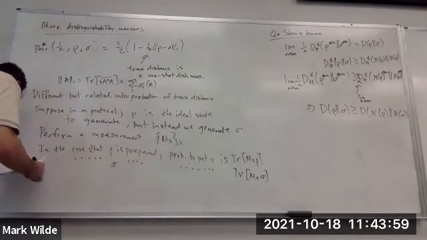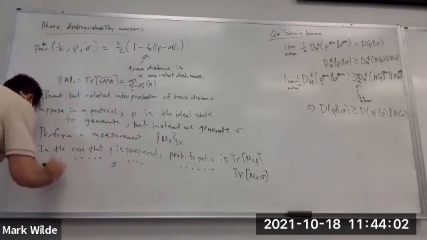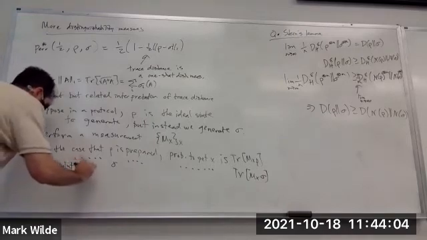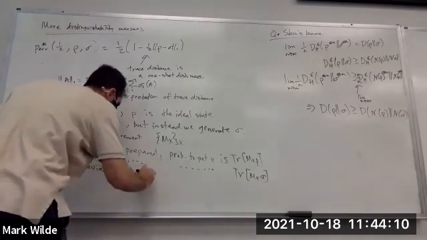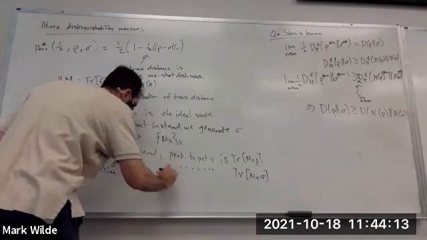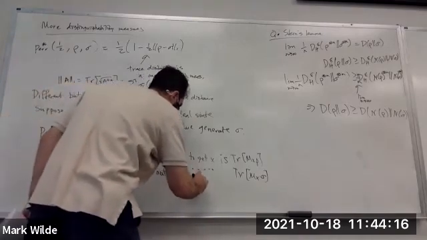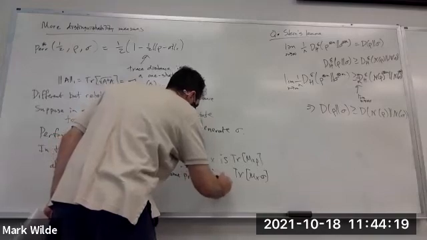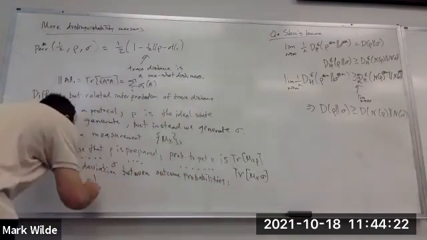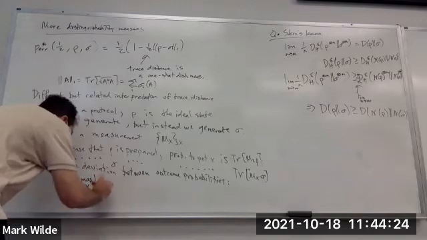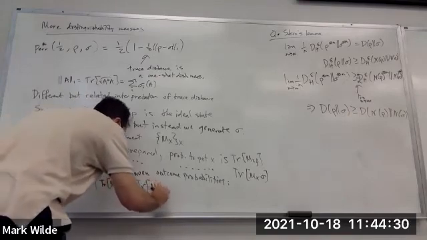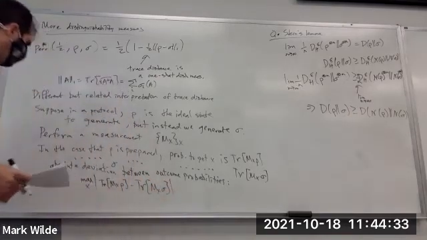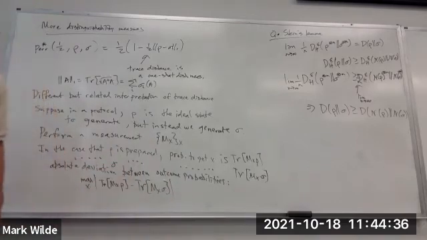So we take a maximum over x of the absolute value of trace of mx rho minus trace of mx sigma. And you could say, this will be my measure of error between rho and sigma, my measure of distinguishability.